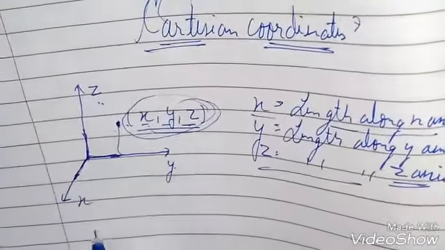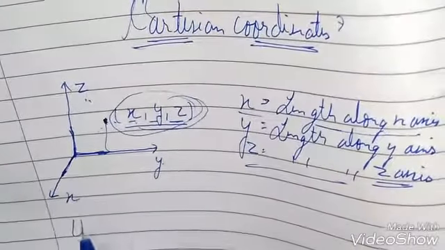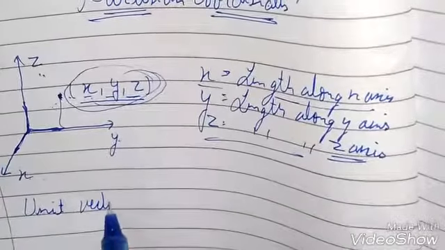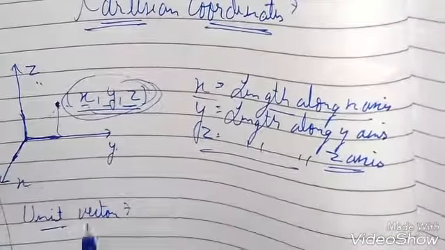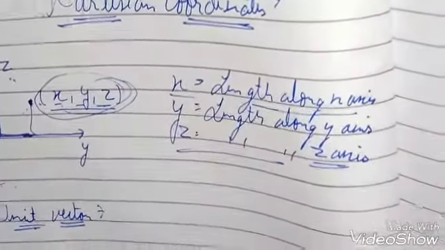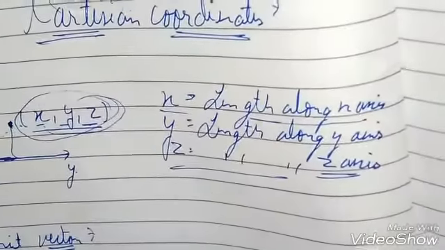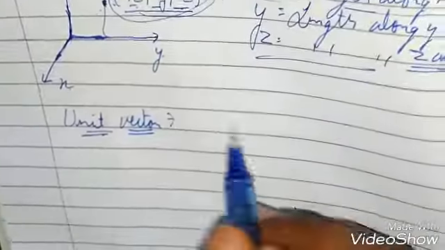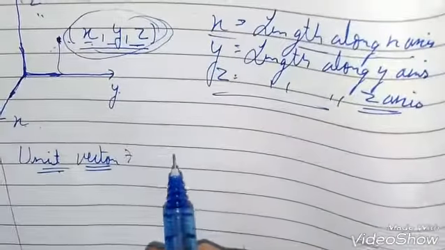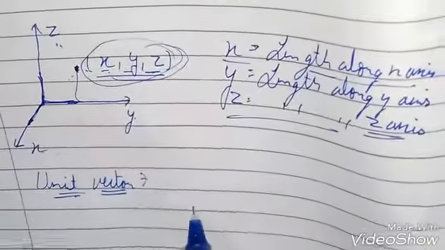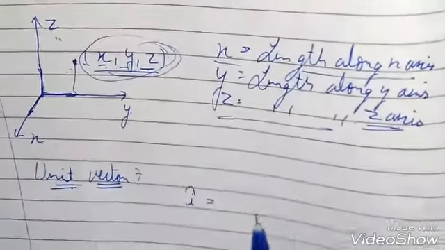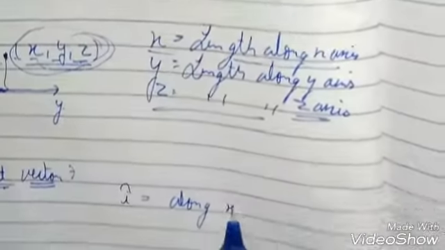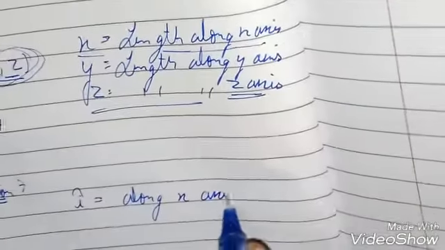Now we will talk about unit vectors in the Cartesian coordinates. A unit vector is a kind of vector which has a length of unity and gives only direction. There are three unit vectors in the Cartesian coordinates. One is i cap, which is a unit vector along the x-axis.